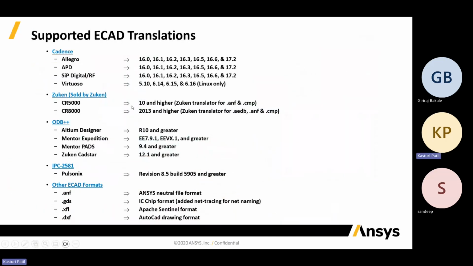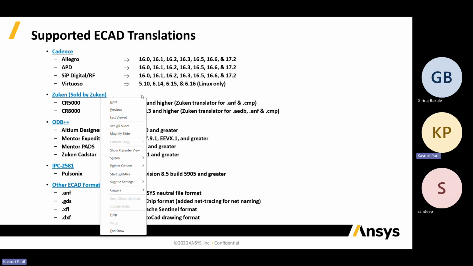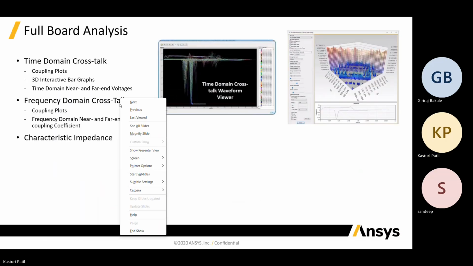These are the supporting files we require when importing from Altium, Zuken, or Cadence: ODB++, IPC2581, and other ECAD formats like GDS, .dxf, Gerber files, etc. We can do full board analysis, where we can generate time domain crosstalk analysis or frequency domain crosstalk analysis.